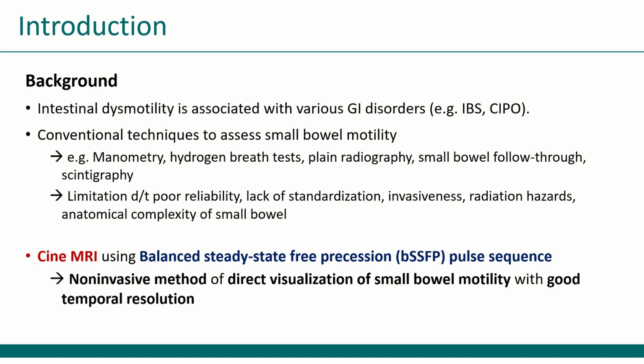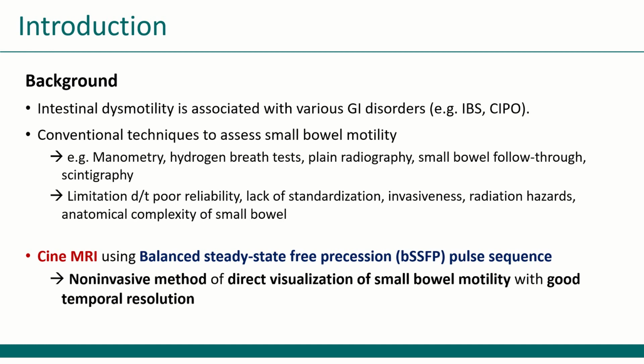Intestinal dysmotility is characterized by impaired contraction or relaxation of the intestinal wall and associated with various gastrointestinal diseases such as irritable bowel syndrome and chronic intestinal obstruction. Historically, several conventional techniques have been employed to assess small bowel motility.